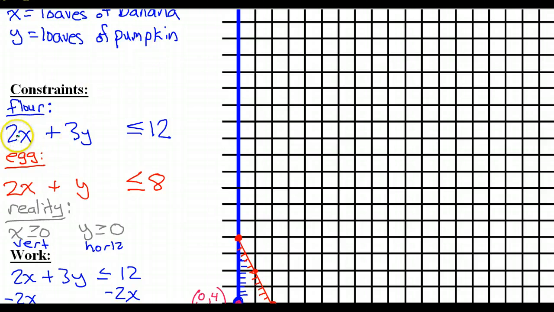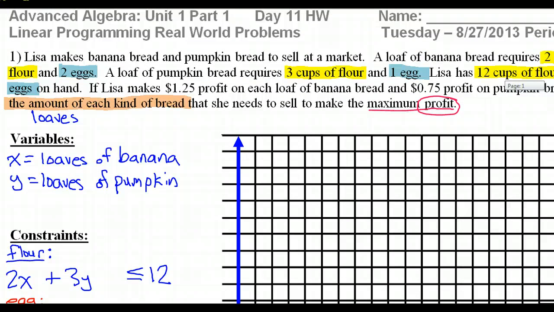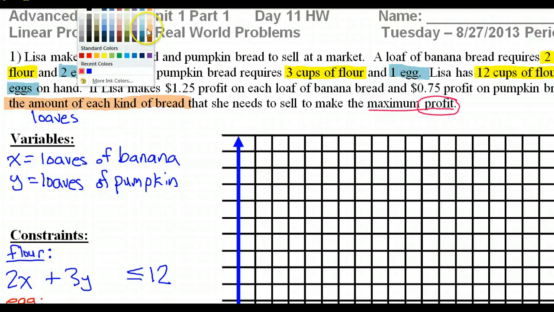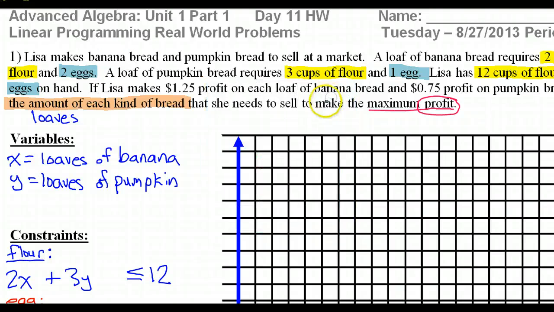And it was like, oh, 2 cups of flour for banana bread, 3 cups of flour for pumpkin bread. We're going to do the same thing with profit. We're going to scan through the problem, and we're listening for the words that say something about the profit. Profit from each kind of bread. Banana profit and pumpkin profit. So, when we find it, we're going to color it pink today. Okay, it's going to be some pink profit.